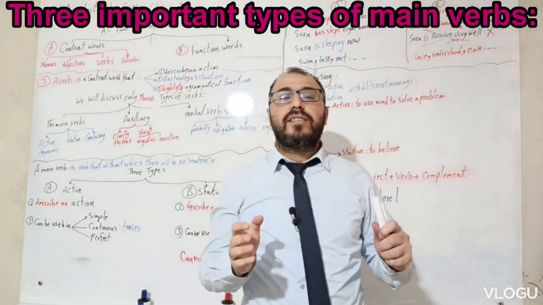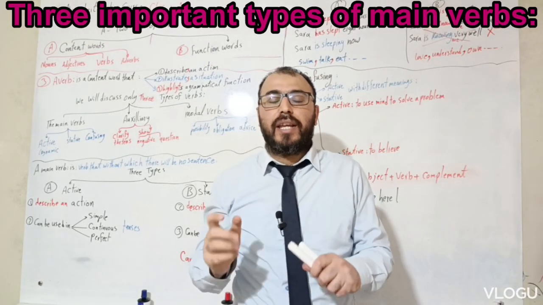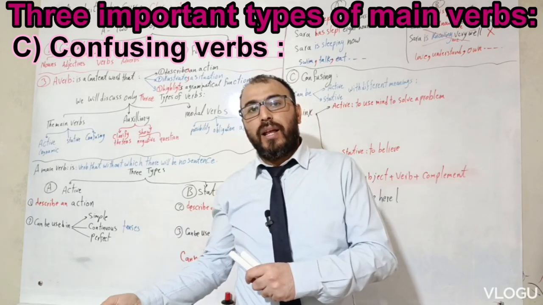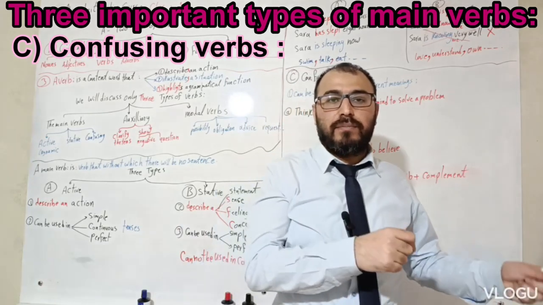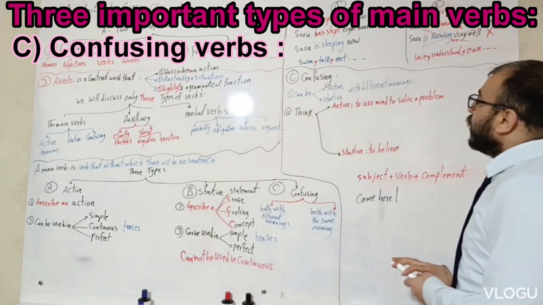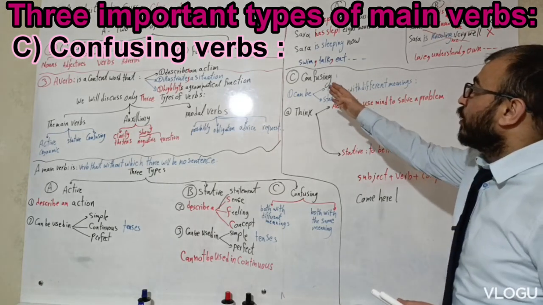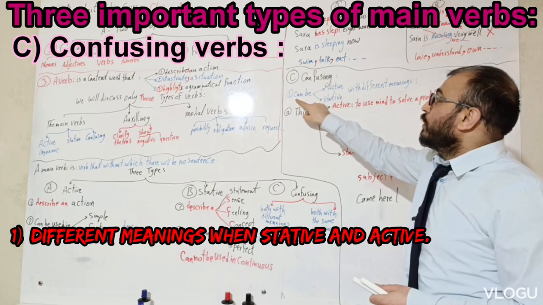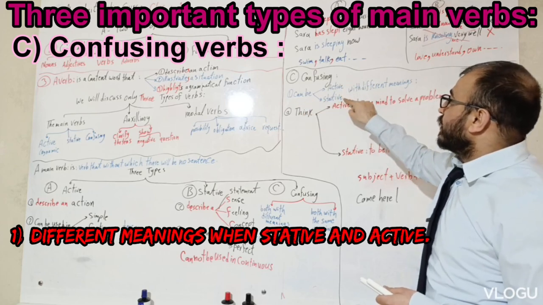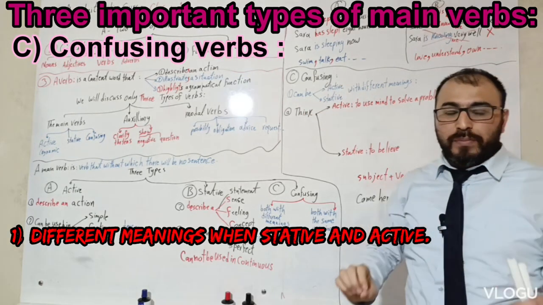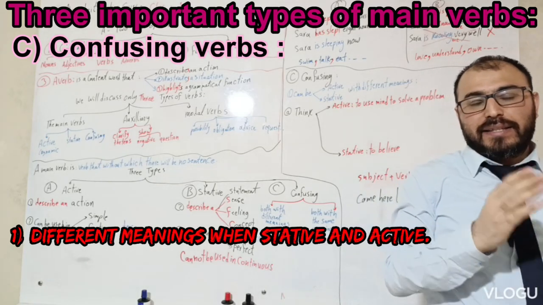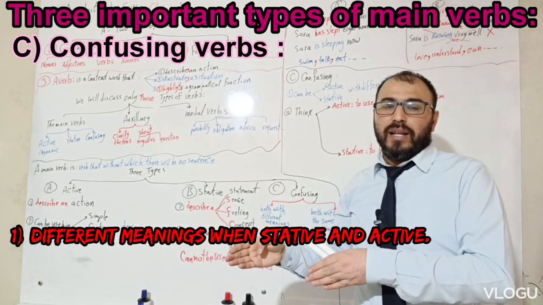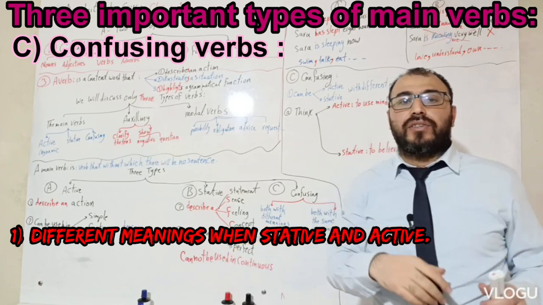Now, my friends, let's talk about the confusing verbs. Again, my friends, a confusing verb is a verb that sometimes can be used as active, sometimes can be stative. Here, my friends, we have types of confusing verbs. Type 1, a confusing verb that can be used as active or stative with different meanings, which means if we use it as an active verb, it will have one meaning, and if we use it as a stative verb, it will have another meaning.